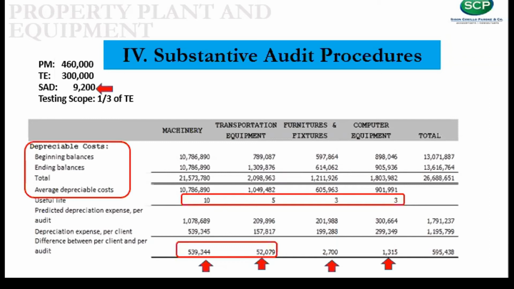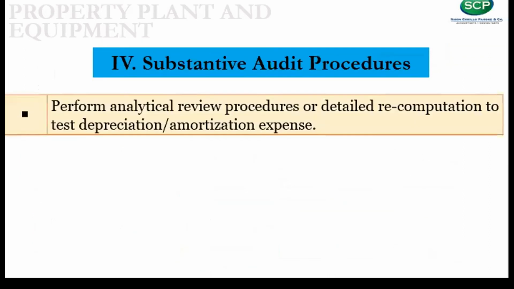For example, we should also challenge the reasonableness of the useful lives or the residual values being used by the client. As we have mentioned earlier, some of the widely reported accounting scandals that involve property, plant, and equipment revolve mostly on depreciation because of the estimation factor affecting this account.